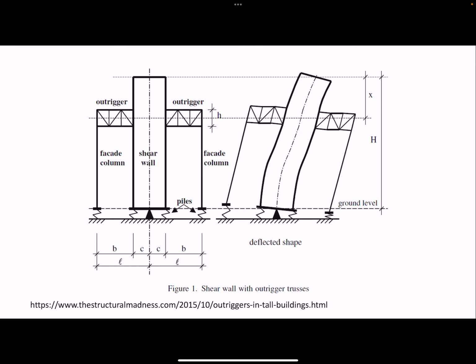All right, so because we want the shear walls to be as solid as possible, right? We want to reduce or eliminate the number of openings to maximize the transfer of shear forces there.